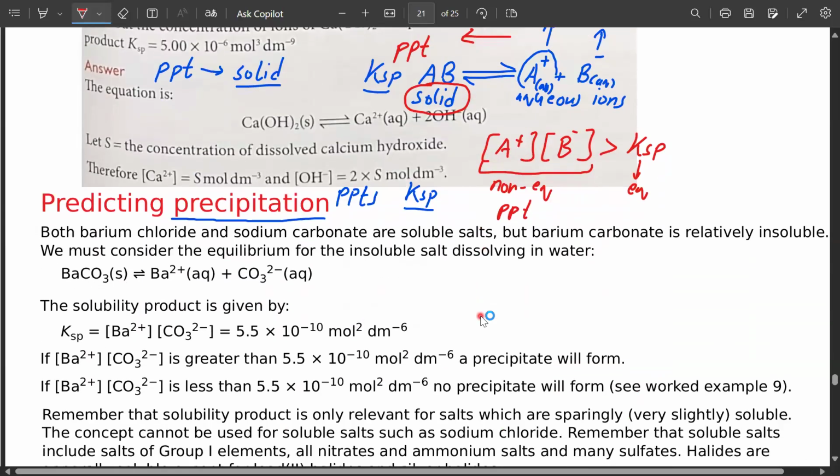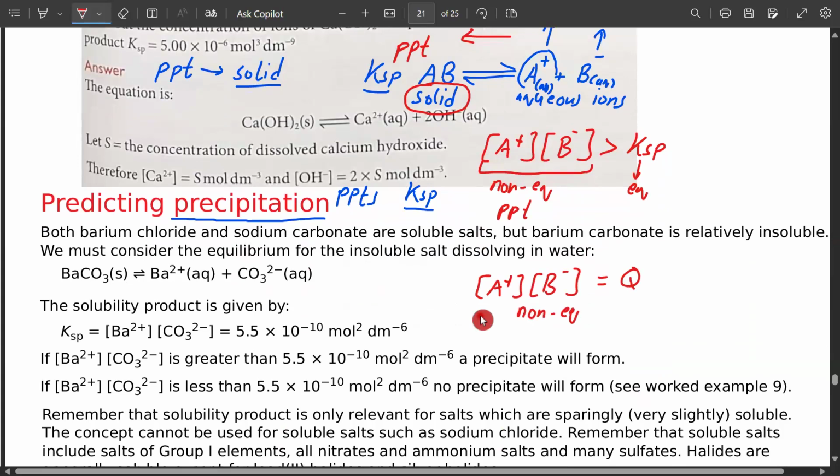Now we can use a different letter for this situation. The multiplication of the A positive ion with the B negative ion is considered as capital Q in the non-equilibrium state.